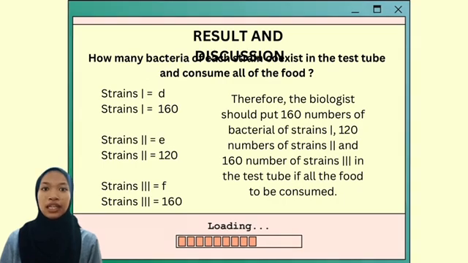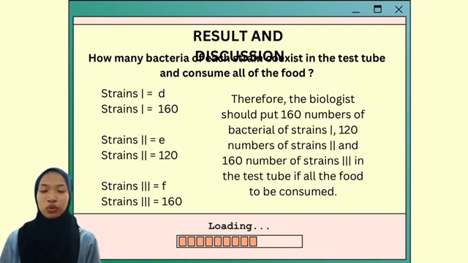Therefore, the biologist should put 160 bacteria of strain 1, 120 bacteria of strain 2, and 160 bacteria of strain 3 in the test tube if all the food is to be consumed.